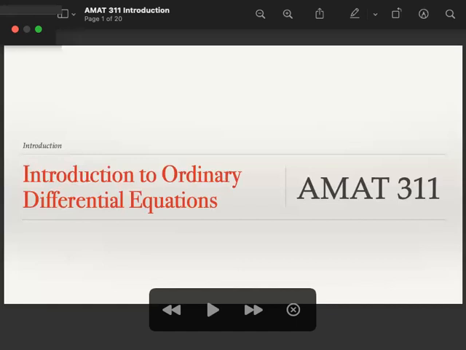The textbook for this class, let me show you. This is the textbook. It's more of a reference than a full textbook. It includes the main formulas that appear in this course.